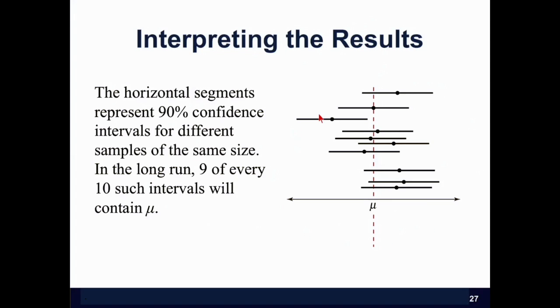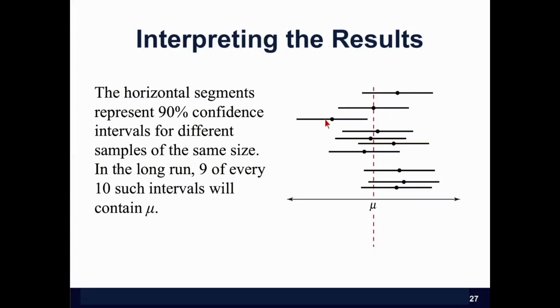Or this picture here. So notice that this is one interval, one confidence interval that was produced by using a margin of error, okay, and a point estimate. But if we change the sample, then we will have a different interval centered at a different point estimate. So the length of these two intervals is the same, but they are centered at two different points.